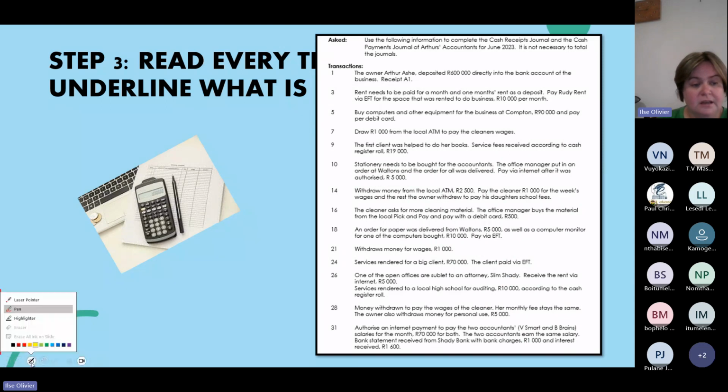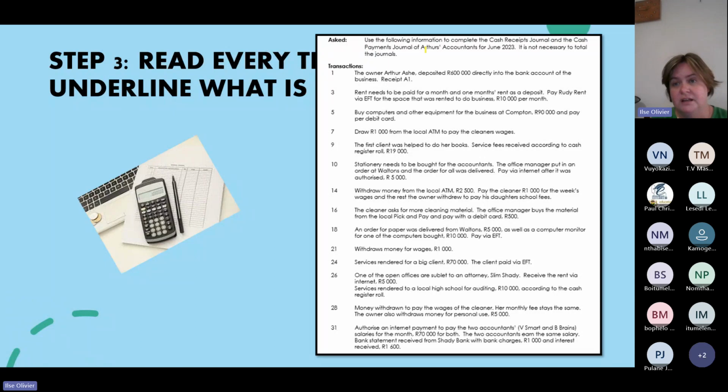We're going to decide on what is asked. They say use the information provided to complete the CRJ and the cash payments journal of Arthur's Accountants. It's not necessary to total the journal. So in this case, it was not necessary to add up the journal.